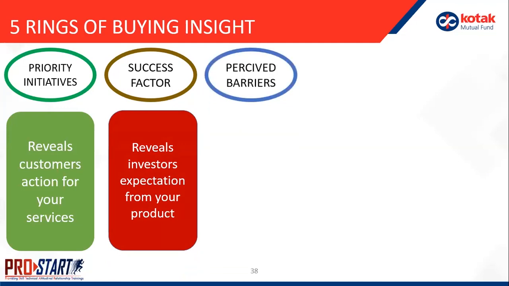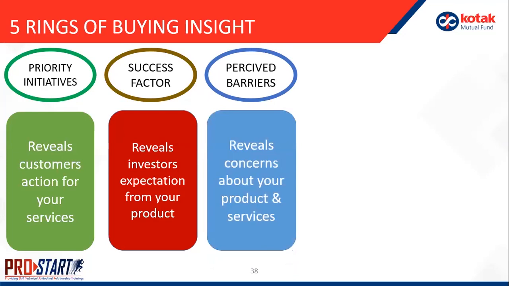The perceived barriers reveal concerns about your products and services. The concern could be whether the buyer believes that your solution or company is the best option for him or not. There could be various factors that can make him believe or make him go against your product.